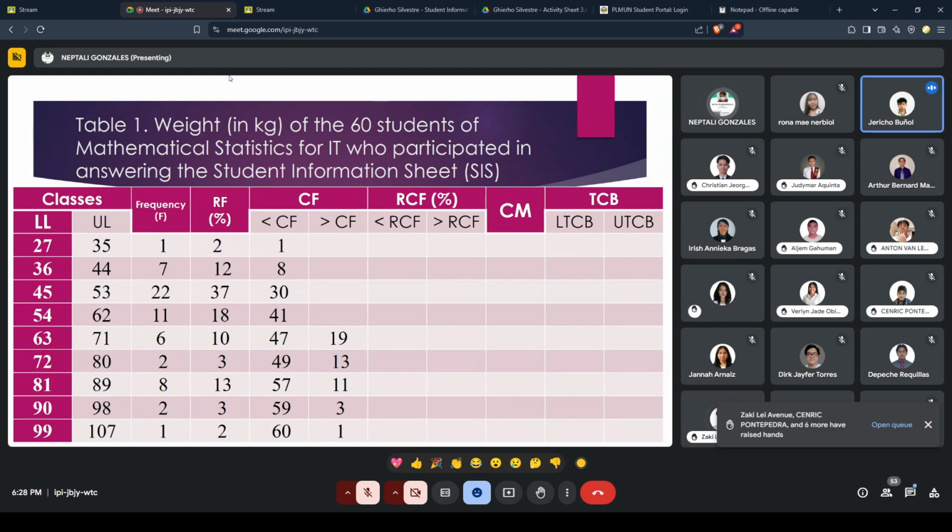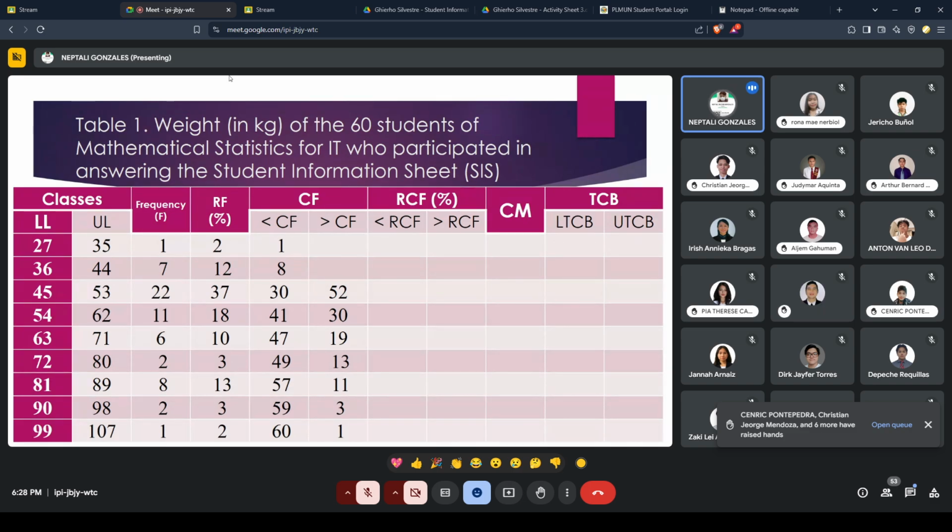Dami na ni Zaki. What? 30, sir. Okay, 30. Next, Senric. 42 po, sir. 52. Ano ka ba? Sorry, 30 plus 22 is 52. Next, Christian.